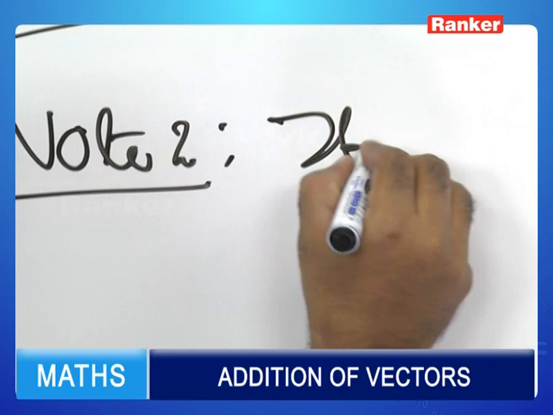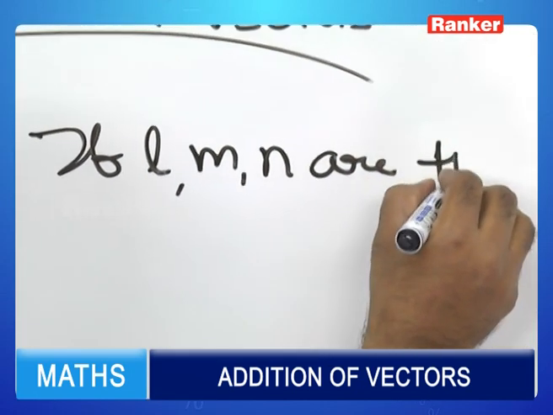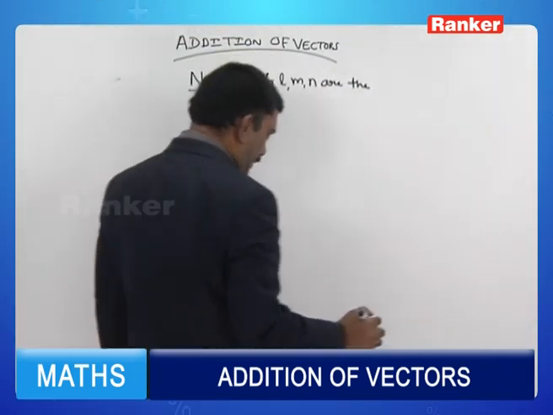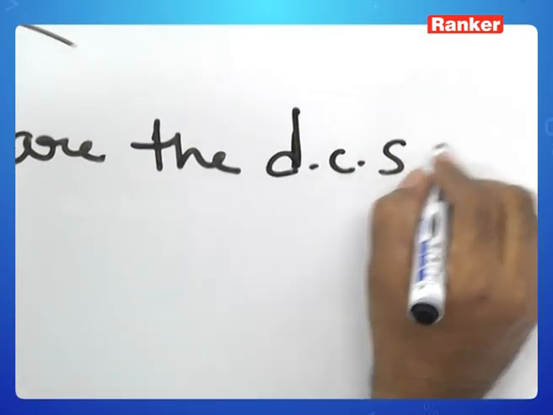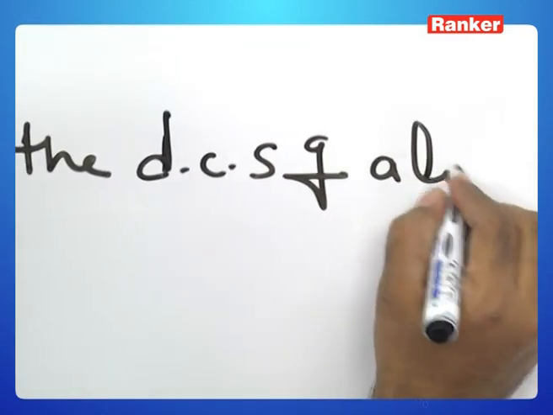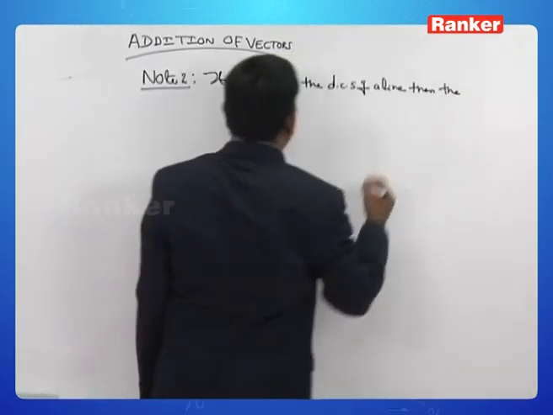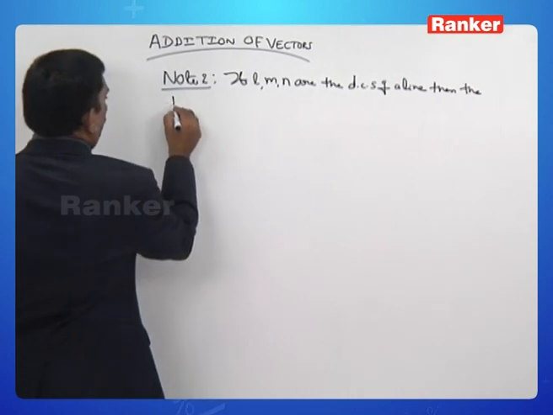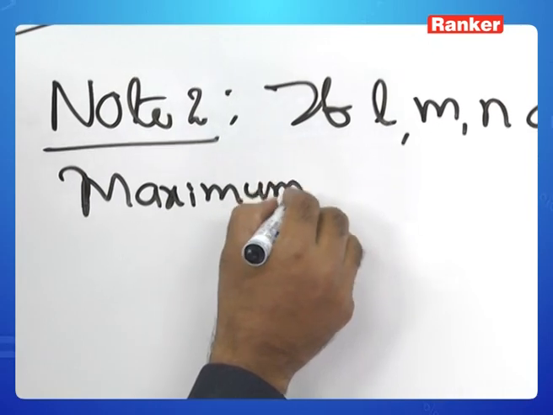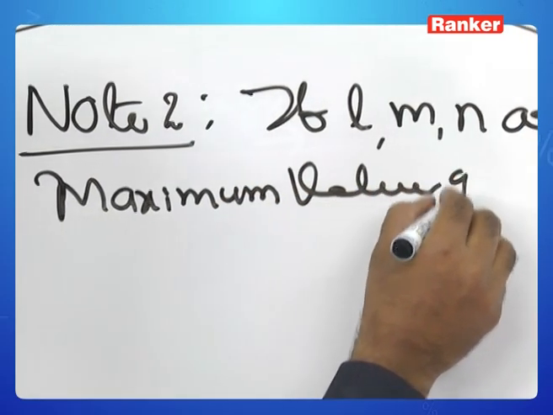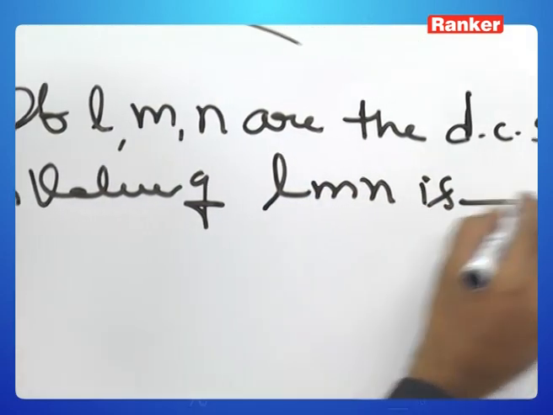Now coming to this one: if L, M, N are the DCS of a line, then the maximum value of LMN is dash.